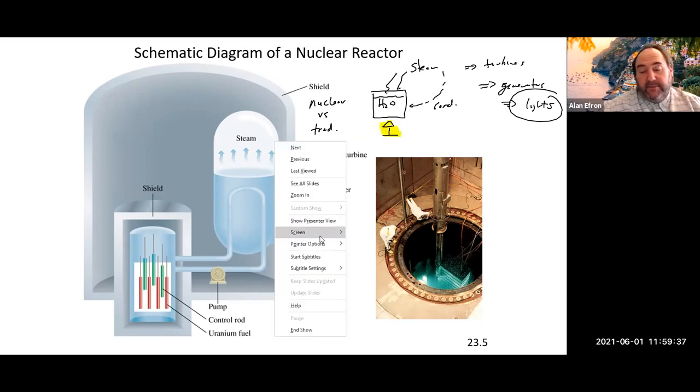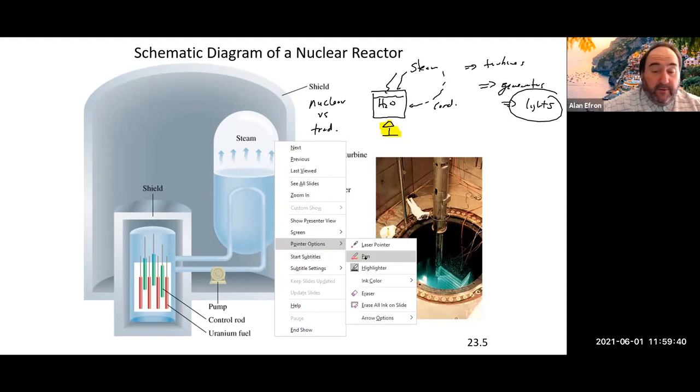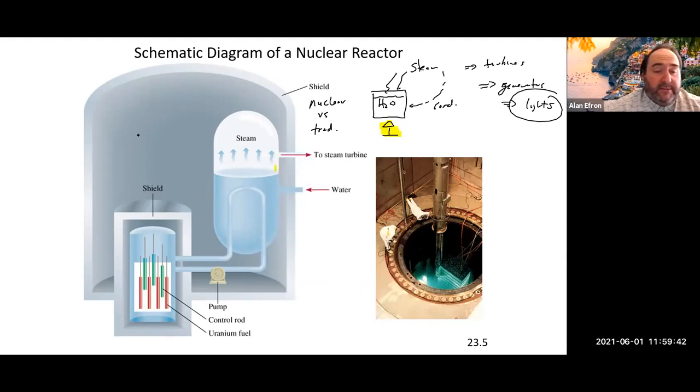In a traditional power plant, we burn coal, which is why there was that comparison on the previous slide between uranium-235 and coal. You burn the coal, the heat from the burning of the coal heats up the water, you get your steam and all that good stuff.